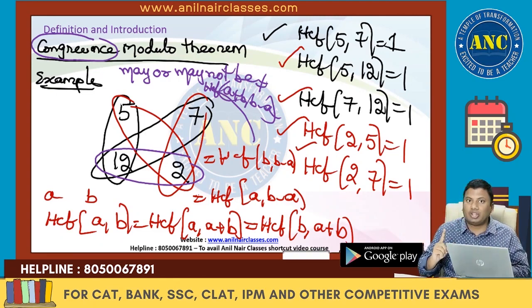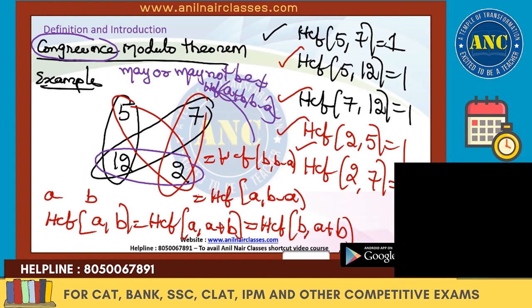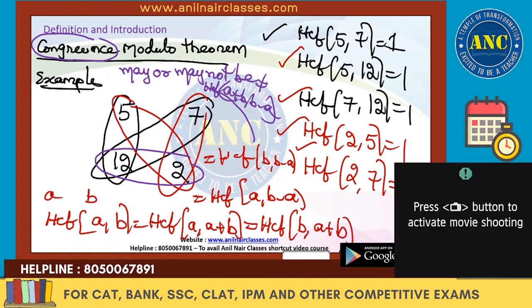HCF does not change if you do it with an individual number and the subtraction of two numbers. HCF does not change if I do an individual number with the addition of two numbers and the subtraction of two numbers.